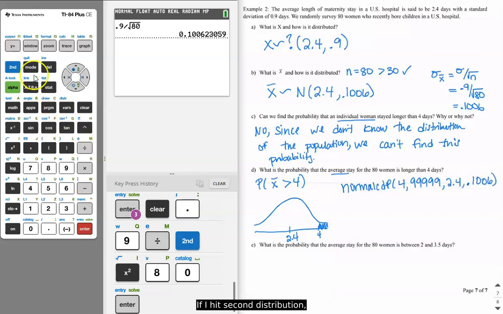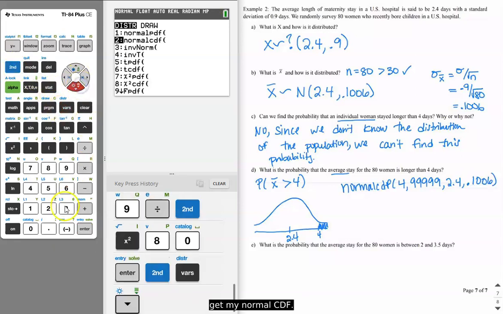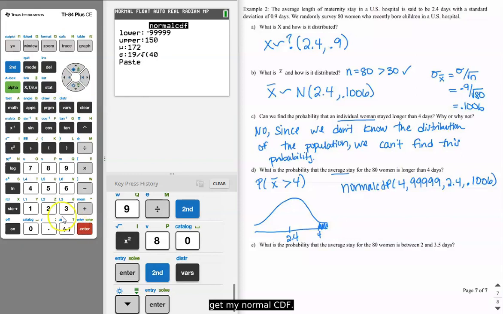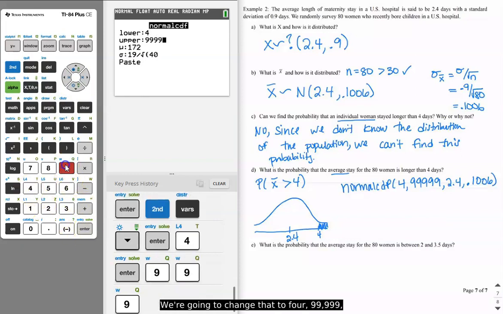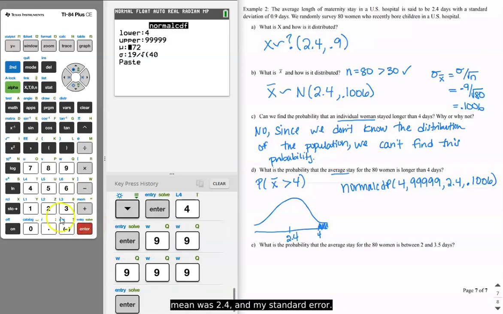All right, so if I hit second distribution, get my normal CDF, we're going to change that to 4, 99,999. Mean was 2.4, and my standard error.